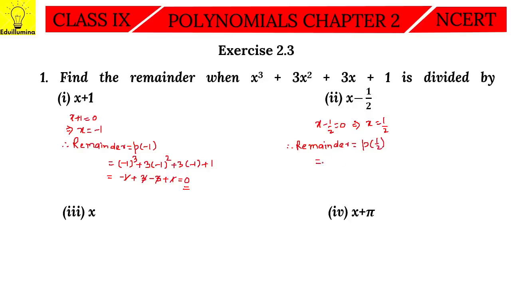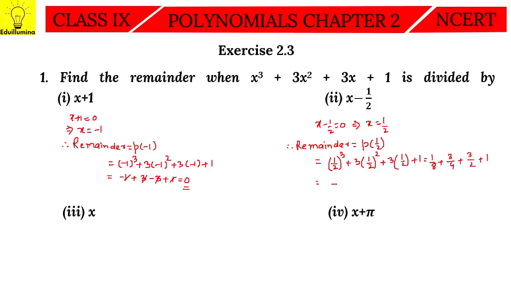Now putting x equal to 1 by 2 in the given polynomial, we get 1 by 2 cube plus 3 into 1 by 2 square plus 3 into 1 by 2 plus 1. So 1 by 2 cube is 1 by 8 and 3 into 1 by 2 square is 3 by 4 plus 3 into 1 by 2, 3 by 2 plus 1.